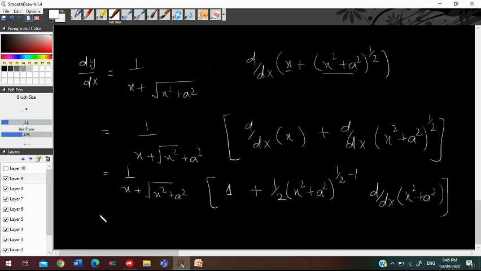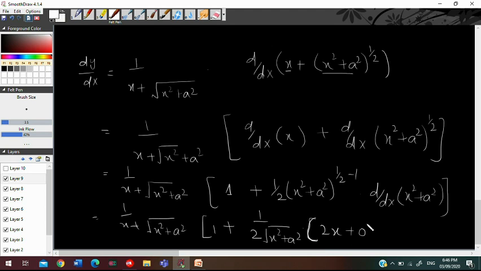So 1 by x plus under root x square plus a square into 1 plus 1 by 2 under root x square plus a square into, when you differentiate it, you will get 2x plus 0, because a is a constant and when you apply the power rule to x square you get 2x.